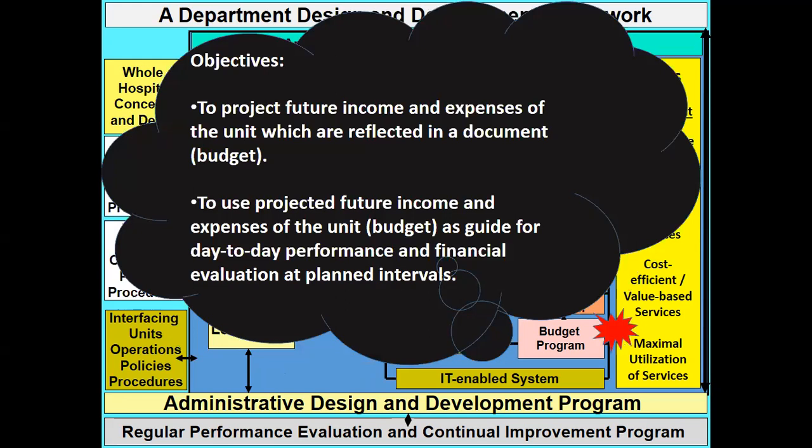Budget program, document showing a budget that projects the future income and expenses of the unit, and the budget is being used as a guide for day-to-day performance and financial evaluation at planned intervals.